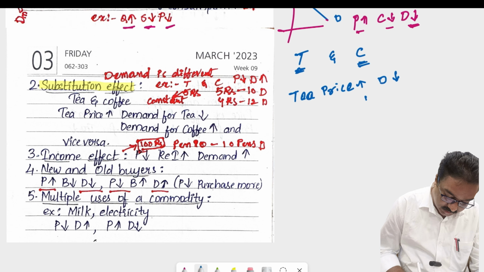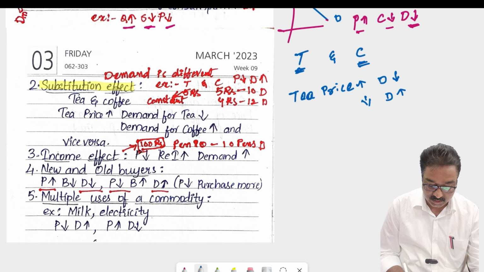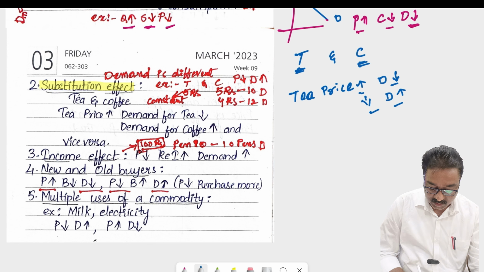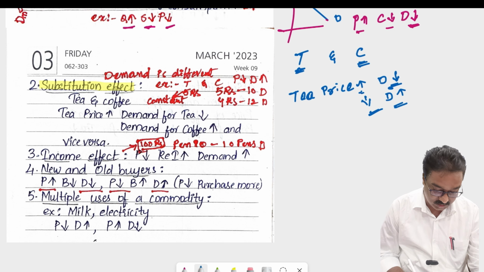Tea price decreases, its demand will increase. So there is also a negative relationship. If the tea price increases, tea demand decreases. Tea price decreases, tea demand will increase. So that's why the demand curve goes from left to right downwards.